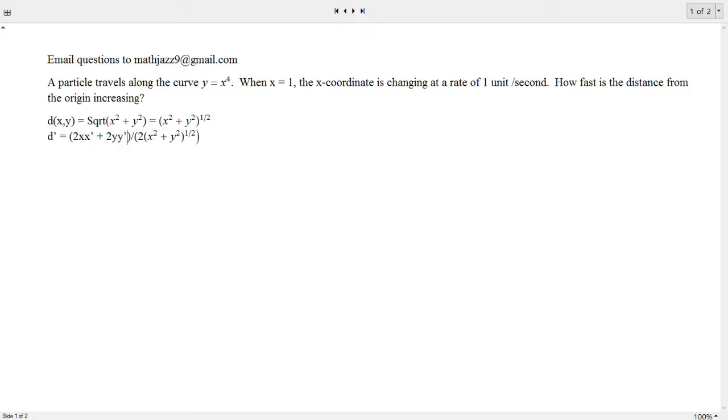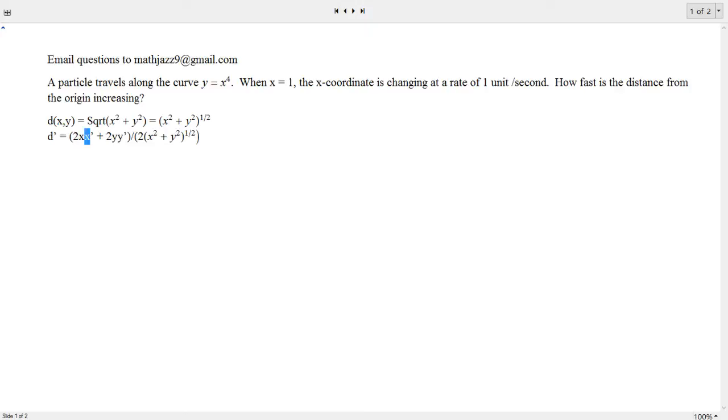Normally when we're doing implicit differentiation, we don't worry about the derivative of x, because we're taking the derivative with respect to x. But in this case, we're actually taking the derivative with respect to time. So x represents the left-right position on the graph, and let's call the variable t our time.